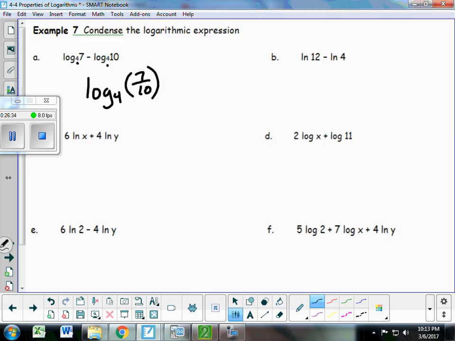And there you go. We could use our calculator to calculate that, but for now we're just going to leave it that way. Just condensing it. Natural log 12 minus natural log 4. So that would be natural log of 12 divided by 4. Well, now 12 divided by 4 does simplify pretty easily. That's natural log of 3.